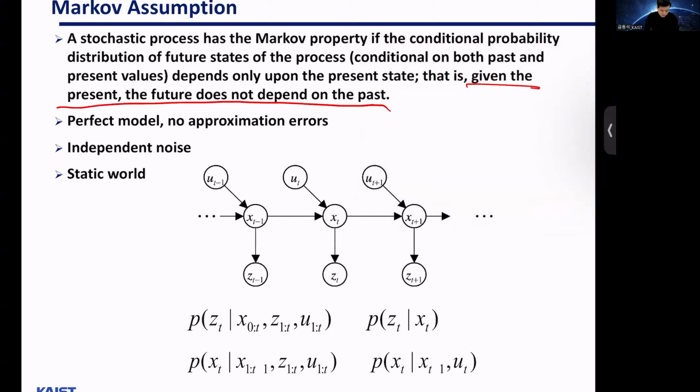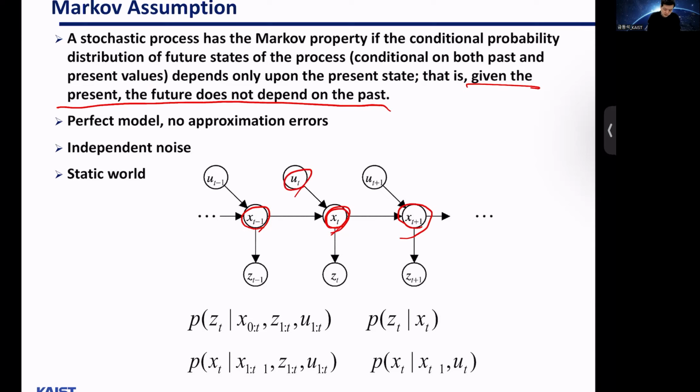What this means is, let's say current time is t, then x of t plus 1 depends only on xt and ut.